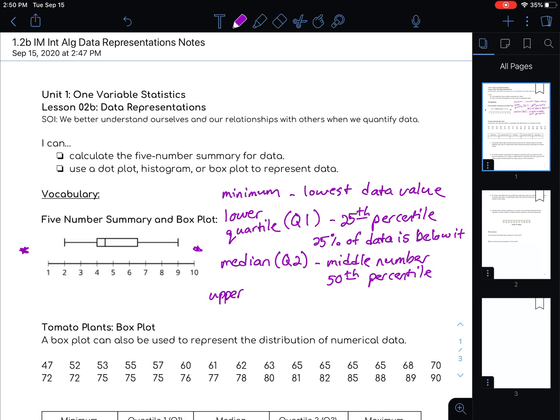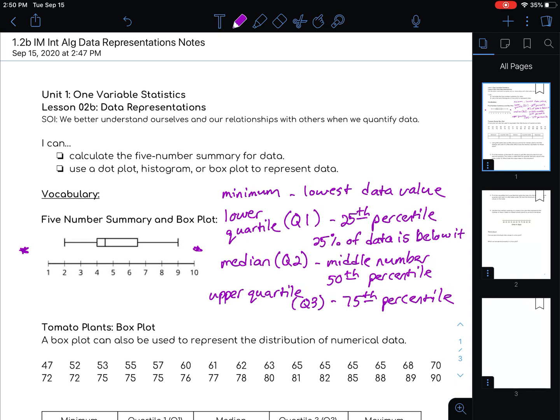Then we have something called the upper quartile. And the upper quartile is abbreviated Q3, and that is going to be our 75th percentile, which means that 75% of the numbers are below it.